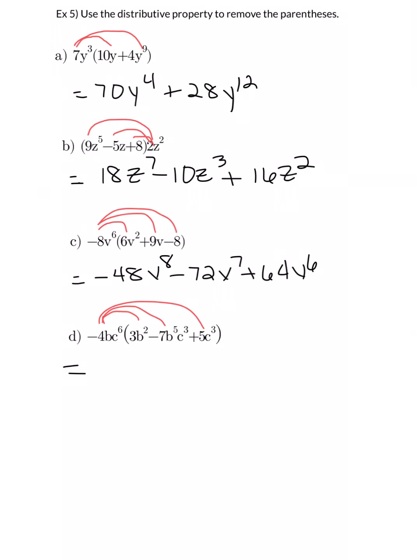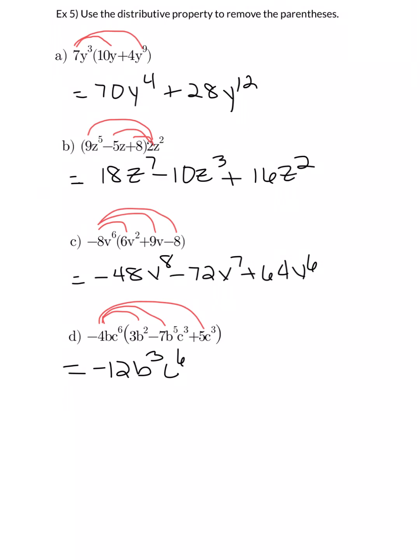Negative 4 times the positive 3 will give us negative 12. B to the first times b squared will give us b to the third. The c to the 6th that's on the outside we carry along as it is.